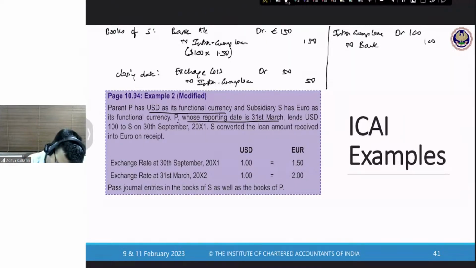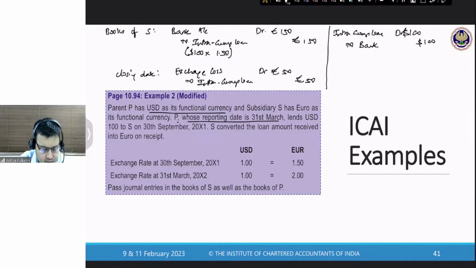This is euros, whereas this is in dollars. On consolidation, 100 will get eliminated. On consolidation, intra-group balances will get eliminated, whereas the exchange loss that is there will continue to remain. Is it okay?